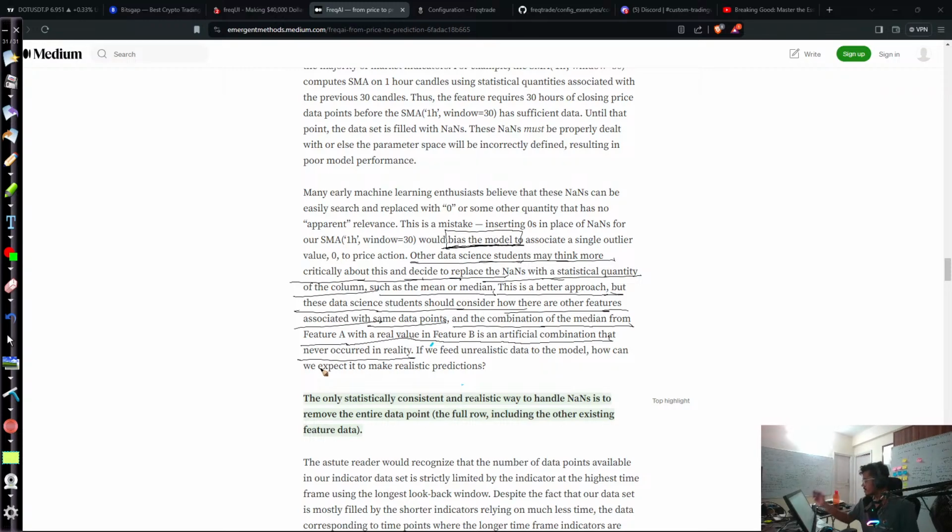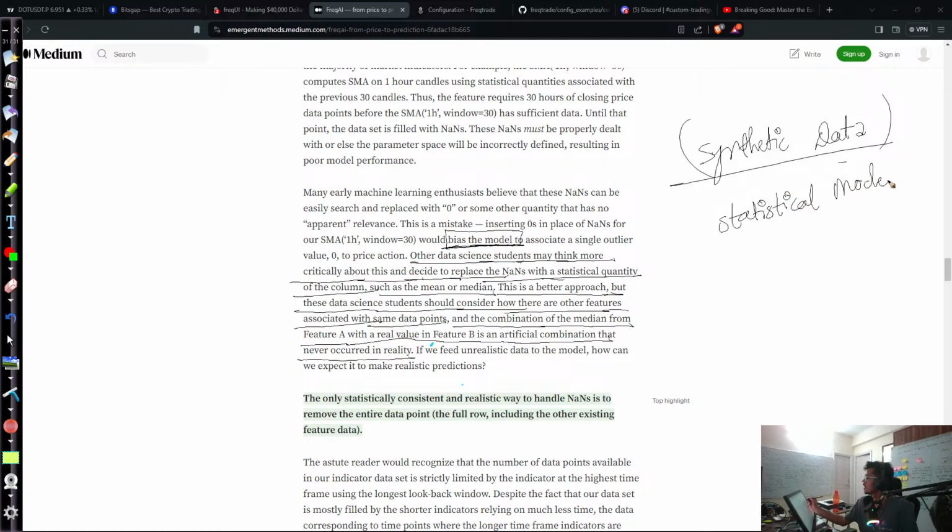So what they are saying is they are talking about synthetic data generation with a statistical model. So we again come back to statistics, where you have your mean, and then you have standard deviation.